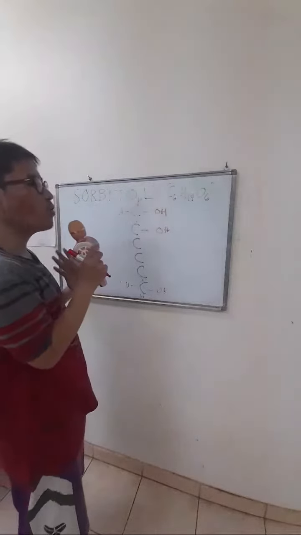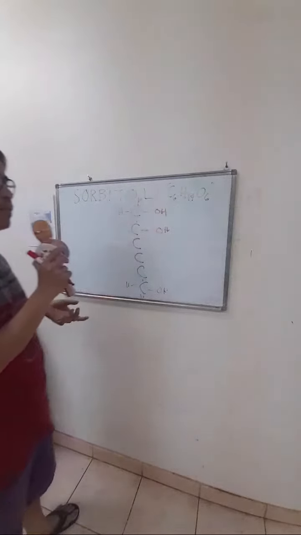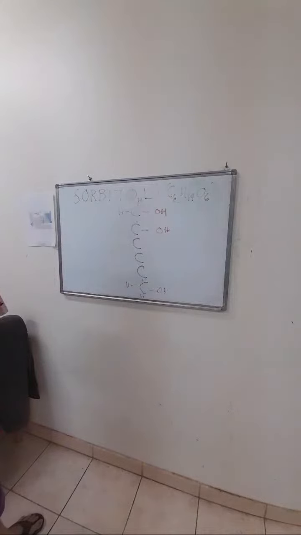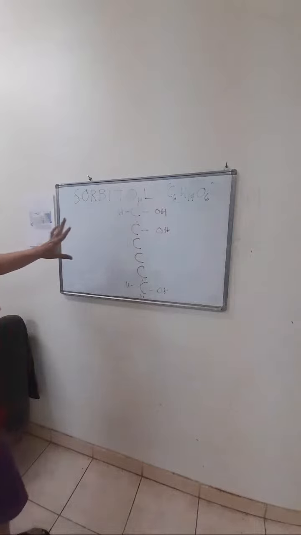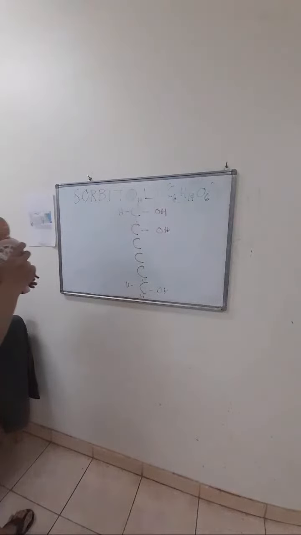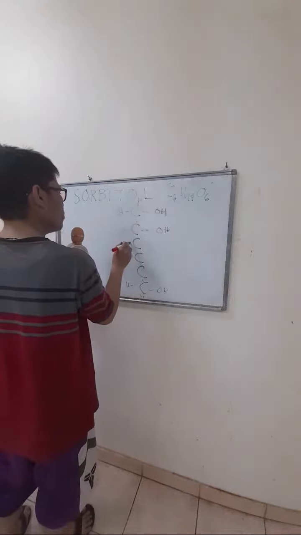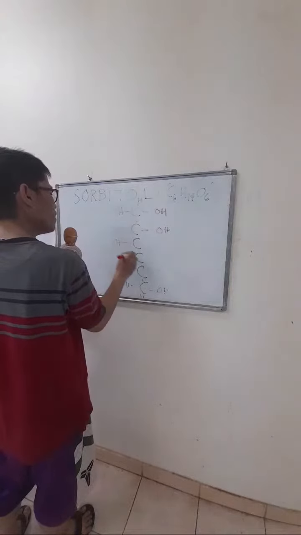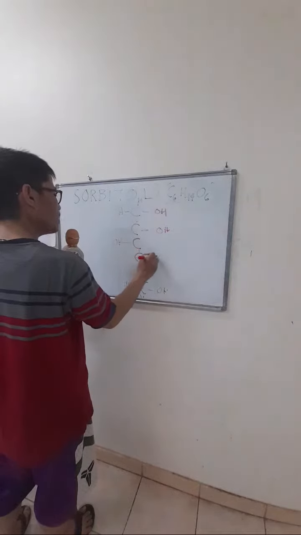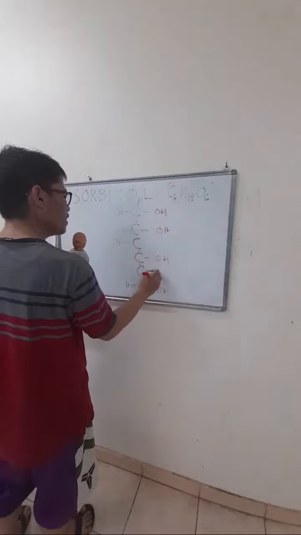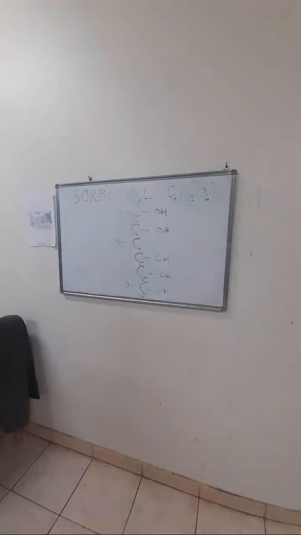This is the only difference between galactose and glucose. But this sorbitol will follow the behavior of glucose. The OH is also on the left in carbon number 3, and the rest of the OH will be on the right. Things like that. You got the point?